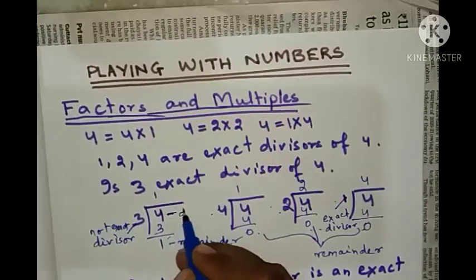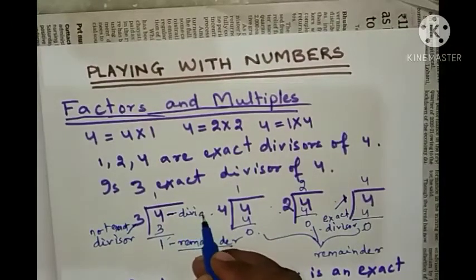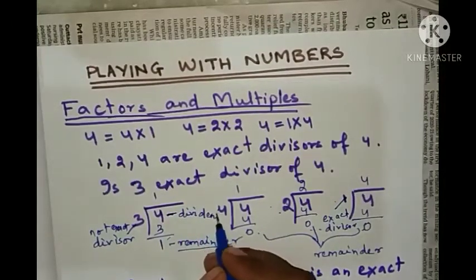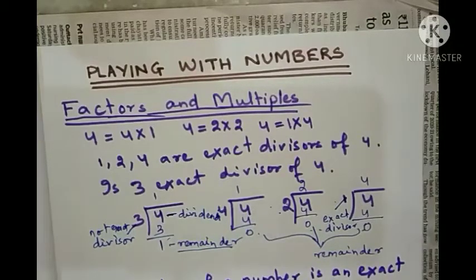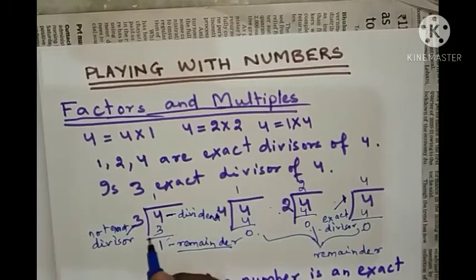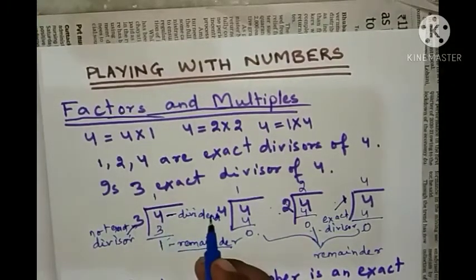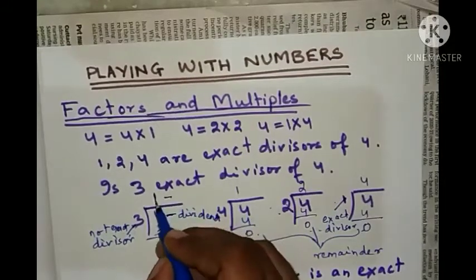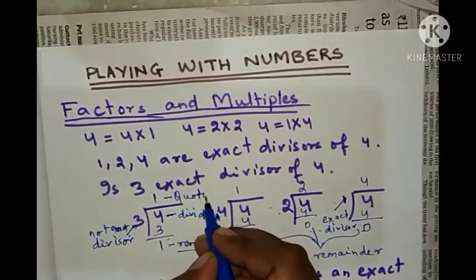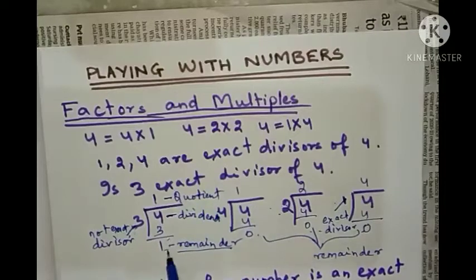Let us rewind the terms in division. So 3 is the divisor, this portion is the divisor, this is the dividend, and this is your quotient. And this is the remainder.